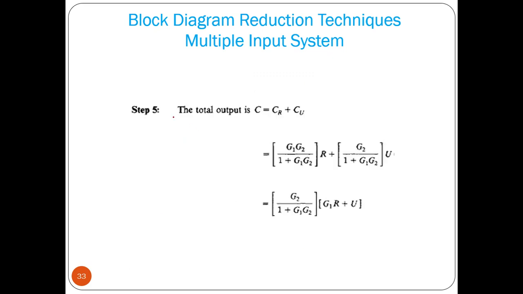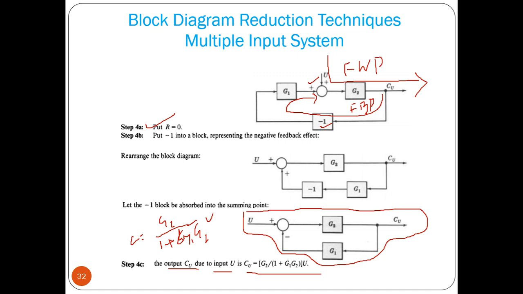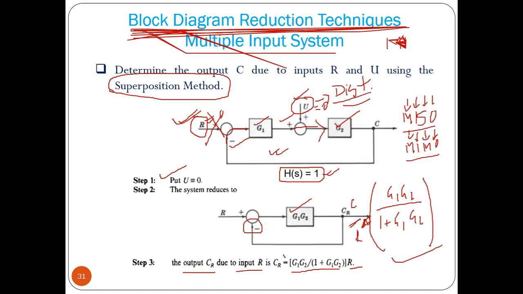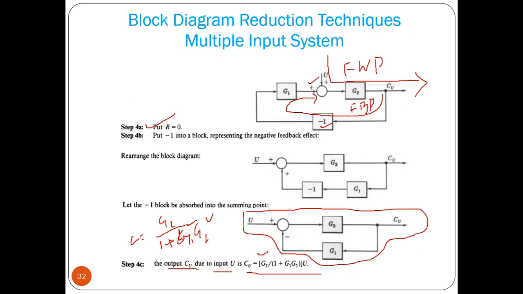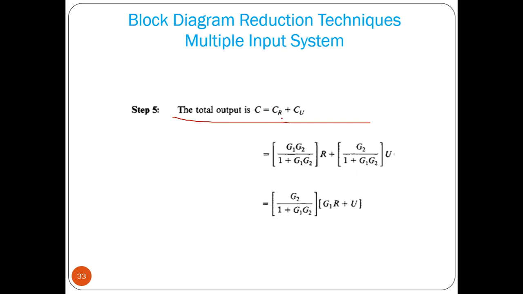Now the total output will be equal to what? Addition of these two, Cr plus Cu. So this is your Cr, this is your Cu, and that is your total output. So from this multiple input system, we are finding the total output C, which is Cr plus Cu. We are not going to find the transfer function from that.